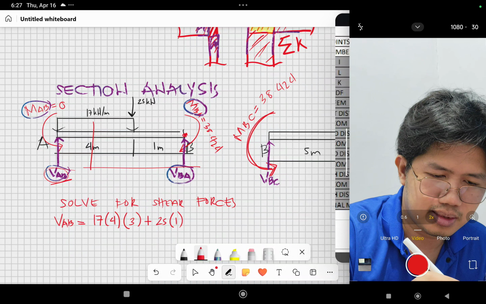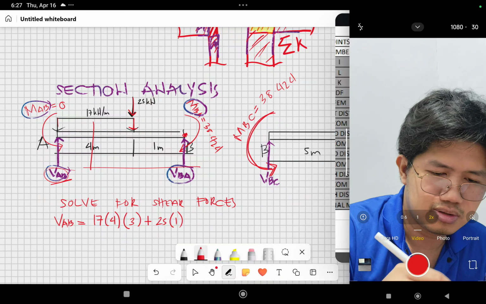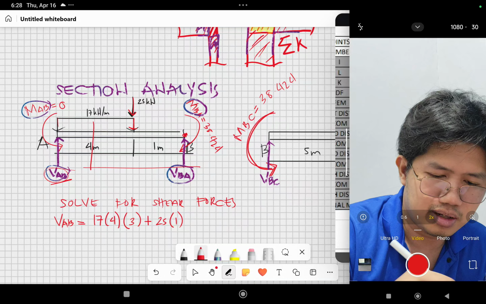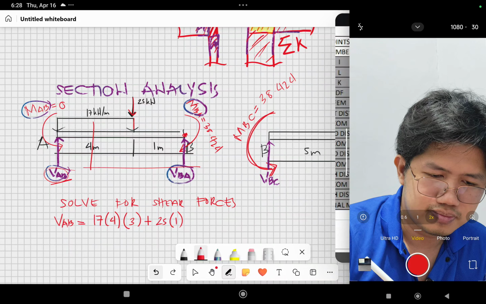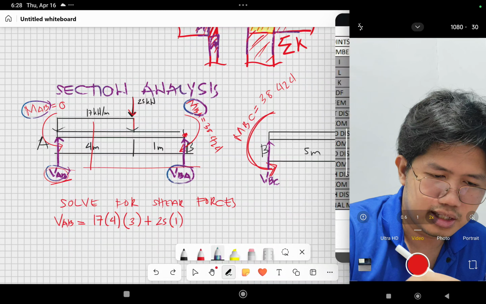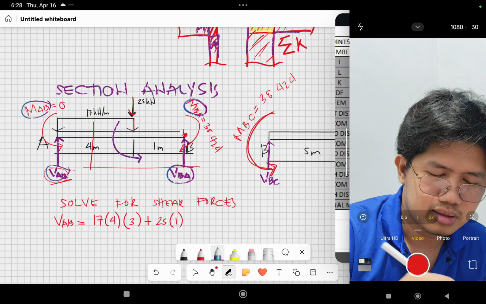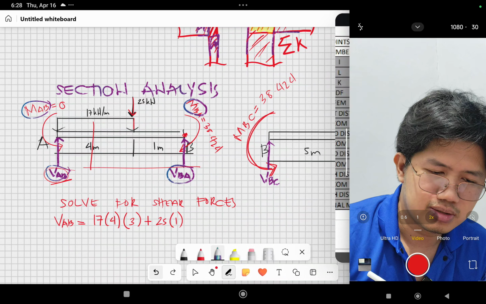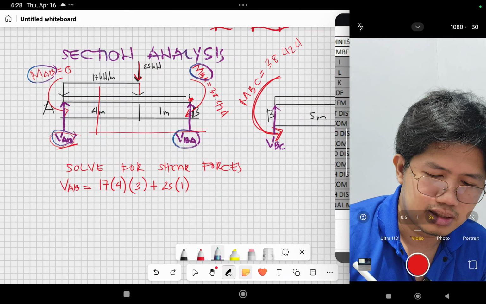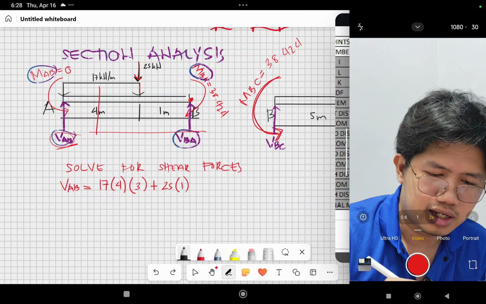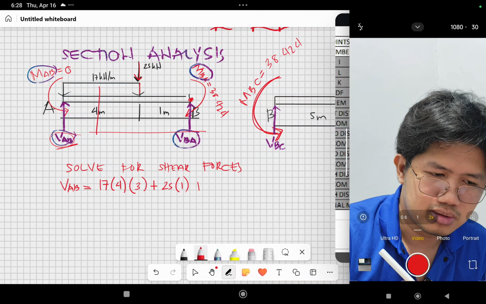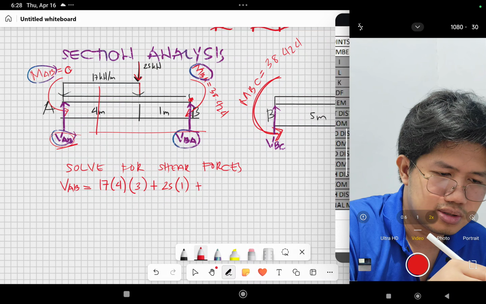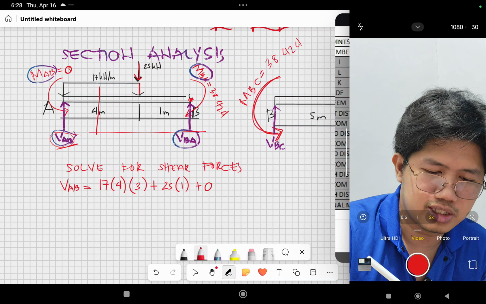Kasi, again, tinitingnan natin, pares lang naman sila ng direction. Okay, so, lahat sila mag-rotate in a counterclockwise. So, ibig sabihin, i-add din natin dito yung MAB, kaso 0 na siya.